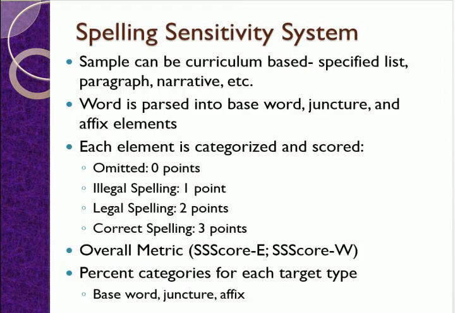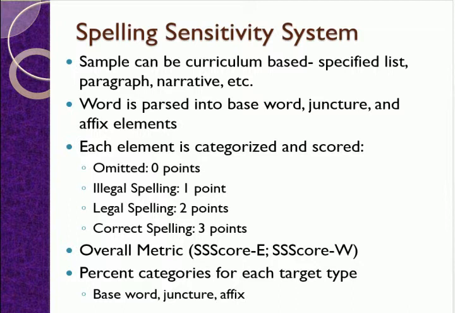The spelling sensitivity system was designed to basically quantify the multilinguistic model and have resulting metrics so that we could capture changes in development or changes among groups or between groups to an extent that's more sensitive than simple right-wrong scoring.